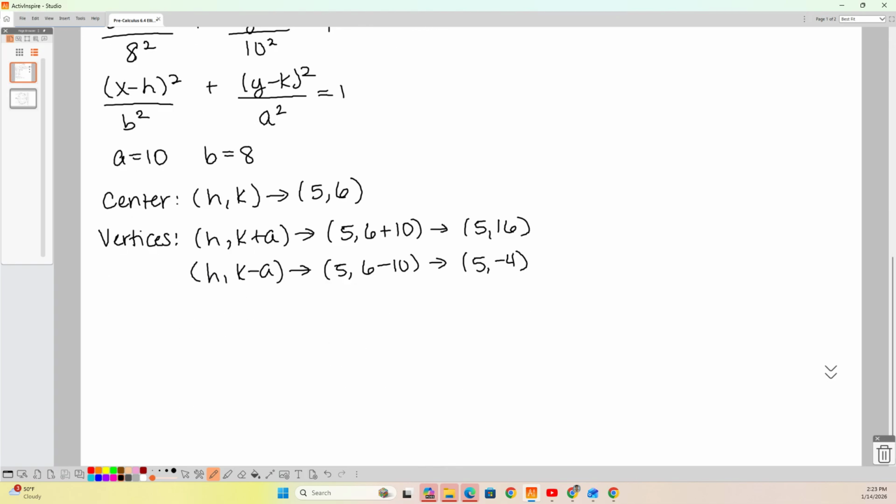Now let's talk co-vertices. The co-vertices for a vertical ellipse are going to be (h plus b, k) and (h minus b, k).